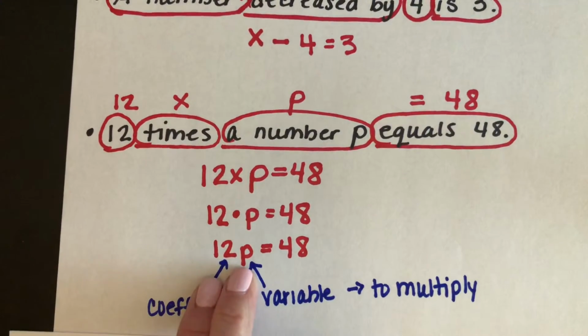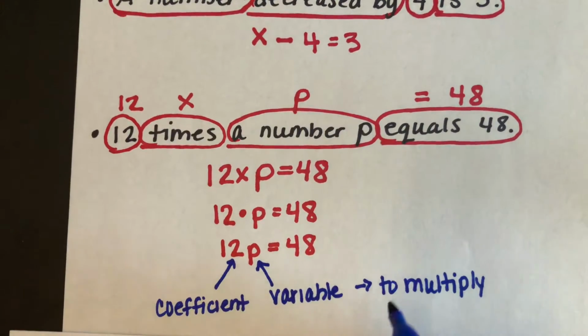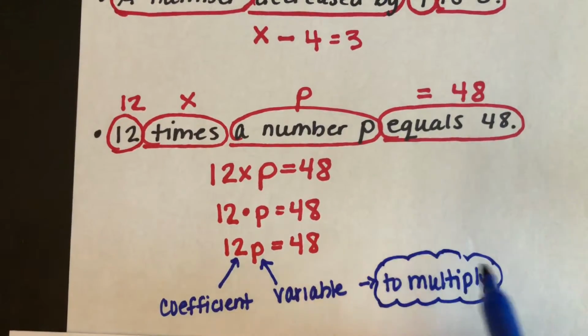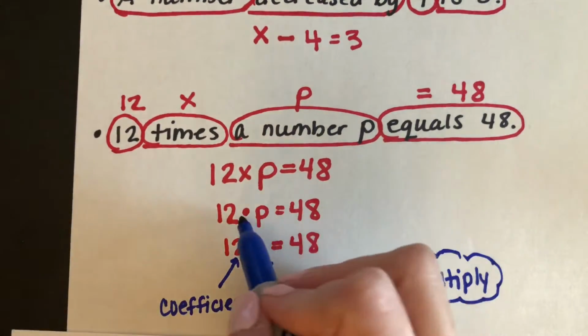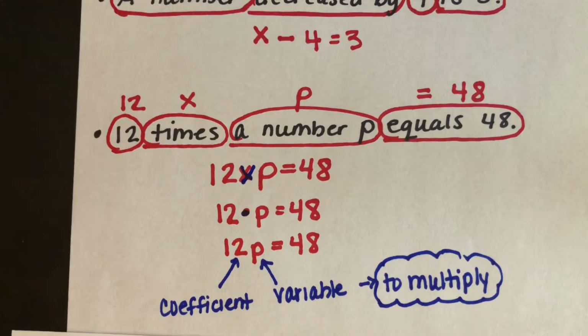So these two together, when you have a coefficient, the 12, and your variable, p, and they're right next to each other, it means to multiply. So you don't need to write the dot, and we definitely do not write the x because we think that's another variable.